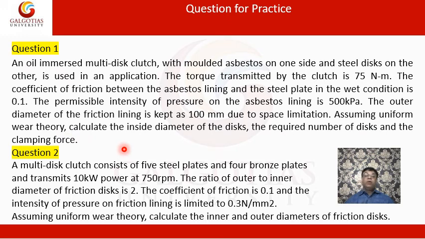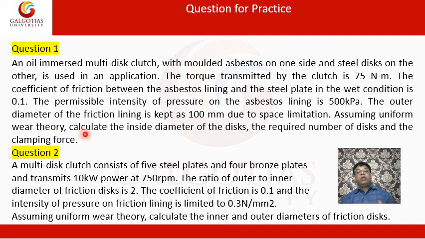I told you that most of the time you have to consider the uniform wear theory unless it is mentioned. If it is not given, then you assume the uniform wear theory. Sometimes the examiner will give you this assumption and sometimes you have to assume it.